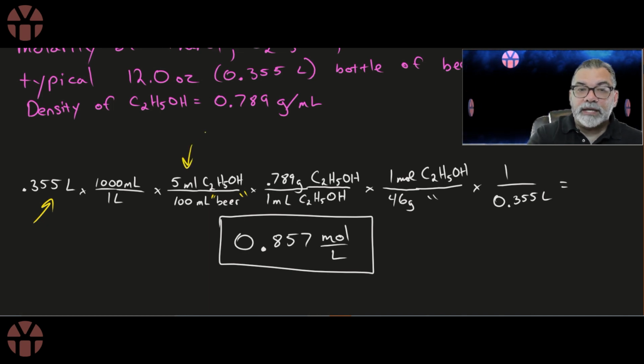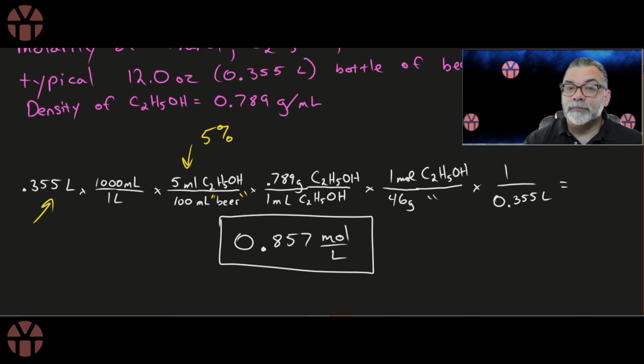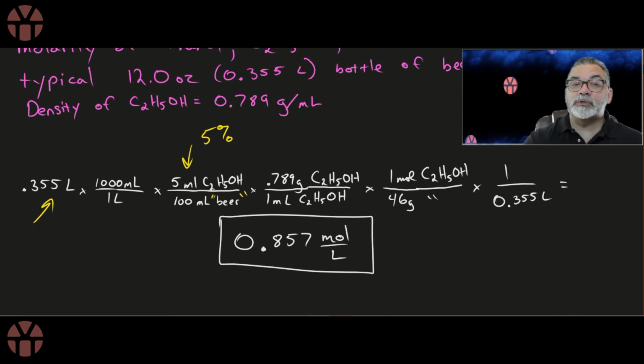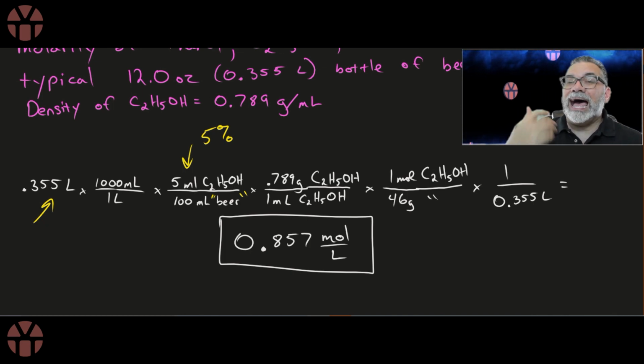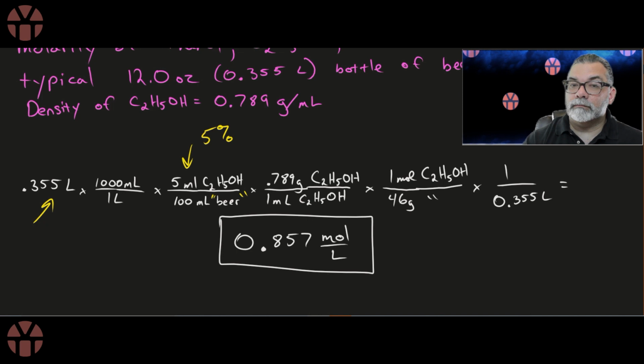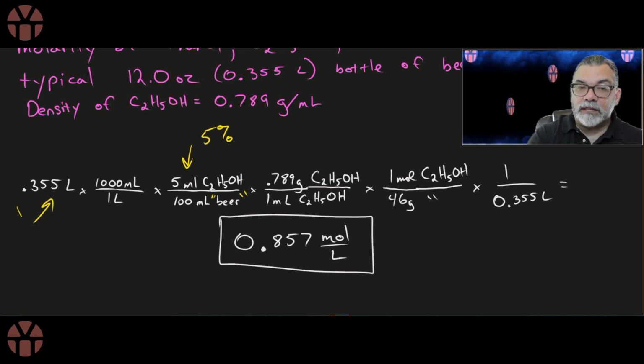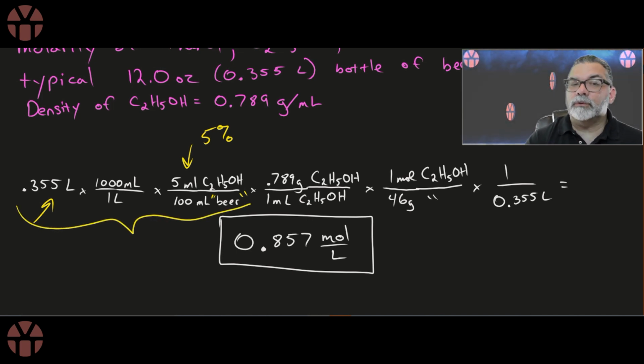This represents my 5% alcohol by volume. So what I've done is I basically asked the question, of my original volume, of those original 0.355 liters, how much volume is ethanol? And that takes me this far into the problem.